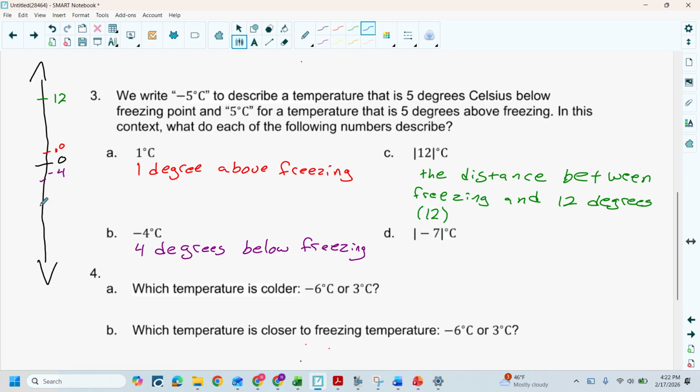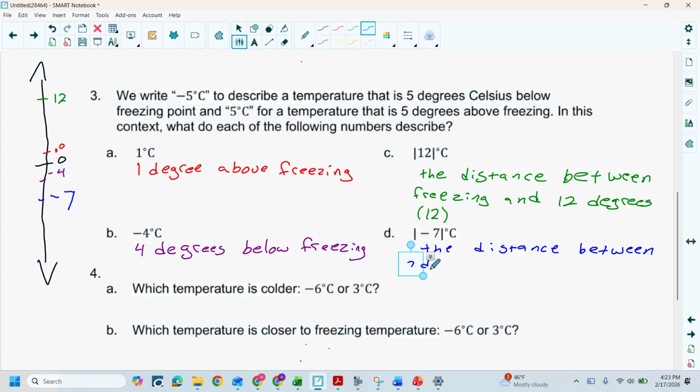And so for -7, the absolute value of -7 would be the distance between, let's fix this. I'm going to have to fix the question above this as well, but it's not much of a fix.